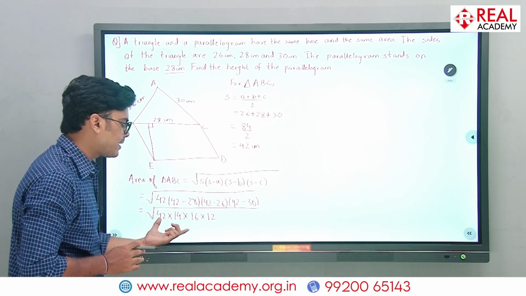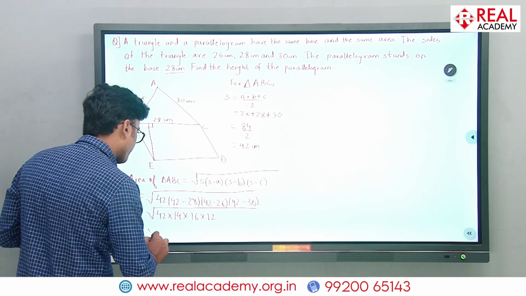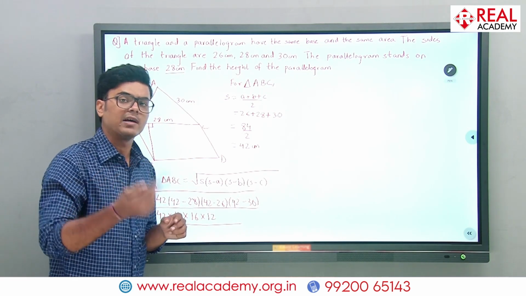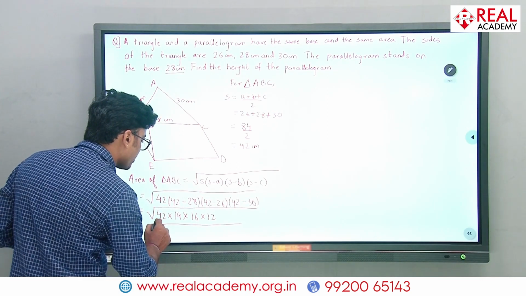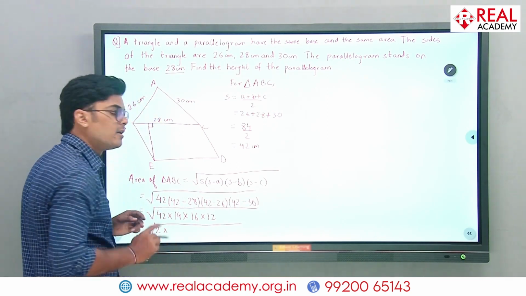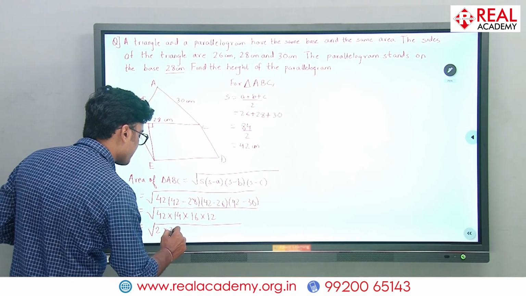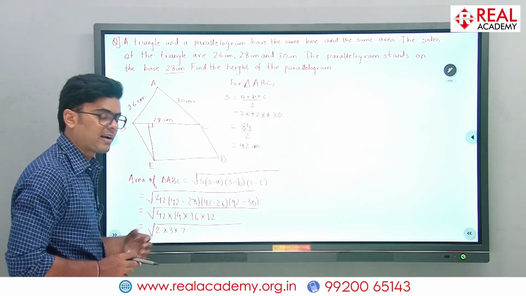Now let us factorize it in such a way that we have pairs of numbers. 42, we all know, is 2 multiplied by 21, which can again be factorized as 3 into 7. So 2 into 3 into 7, this first 42 I have factorized.